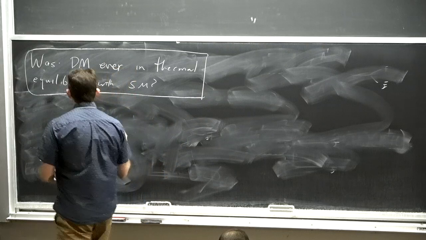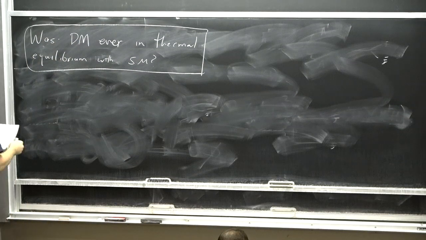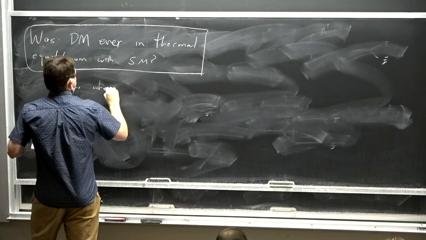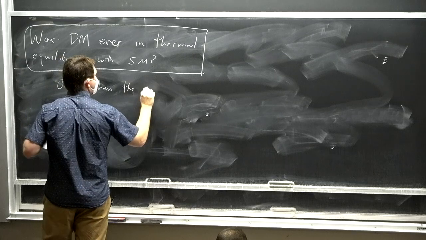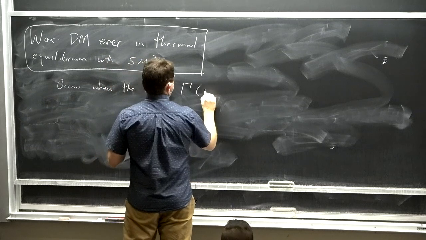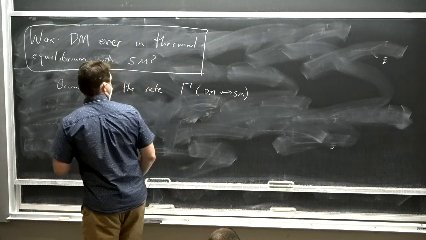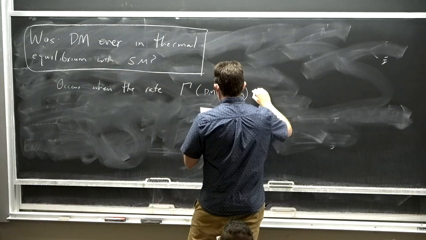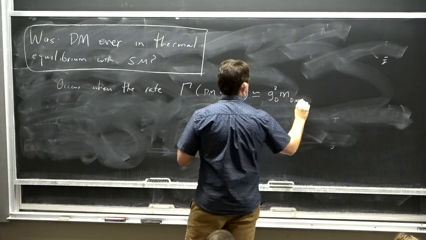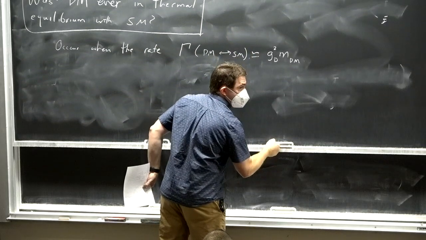Now, what has to happen for this, for GeV scale scenarios in particular, is that this is going to occur when the rate of interactions that exchange dark matter with standard model degrees of freedom, and these I'm going to parameterize with some G_dark squared times the mass scale in the dark matter sector. That's typically how these work out. These rates parametrically can always be put in that form.